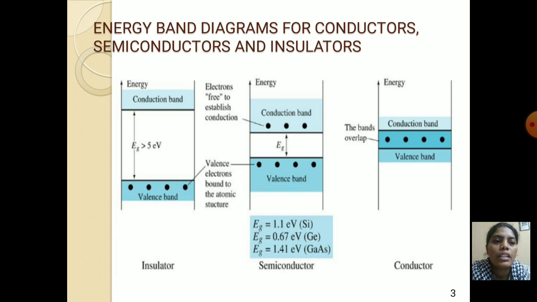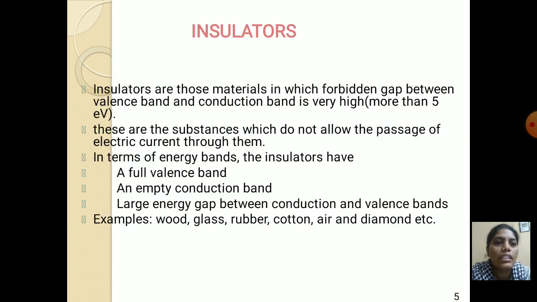Now for semiconductors, the forbidden gap is not as much as for insulator, and for conductor we can see the forbidden energy gap is not there. Both the bands overlap with each other. So with the help of the small picture, we can define all these three substances separately.